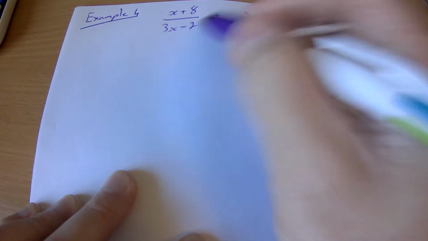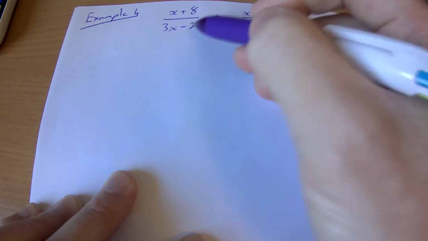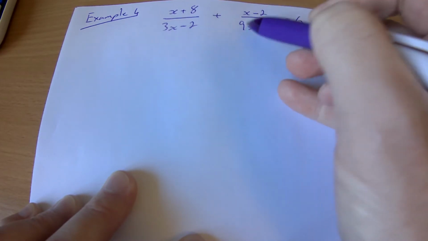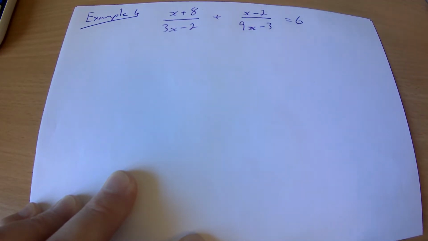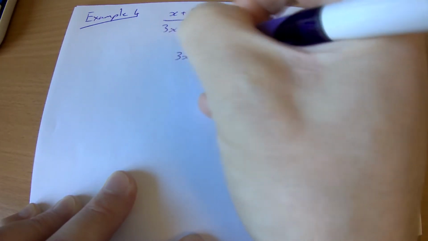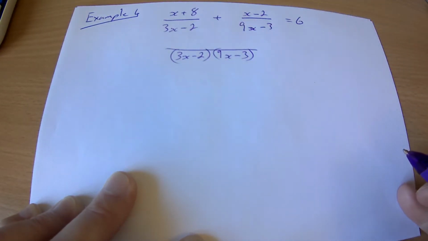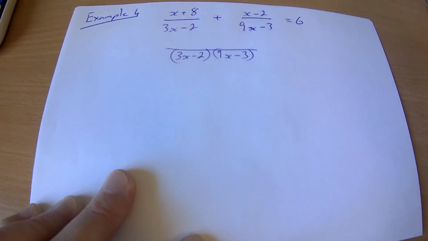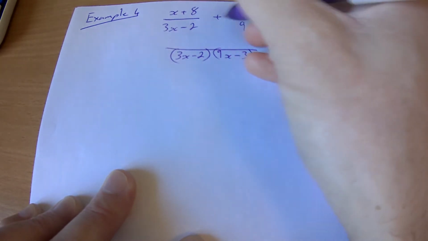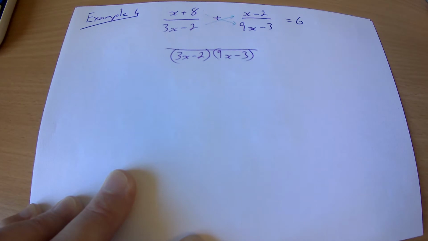So what we're going to do is follow rules for working with common denominators. We're going to multiply the two denominators and get something on the bottom. So that gives us 3x minus 2 bracket 9x minus 3. Okay, and on the top, because we're working with common denominators, we need to then cross multiply these.